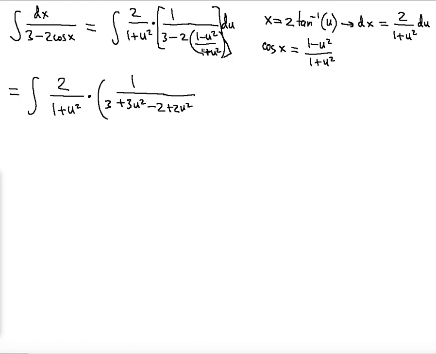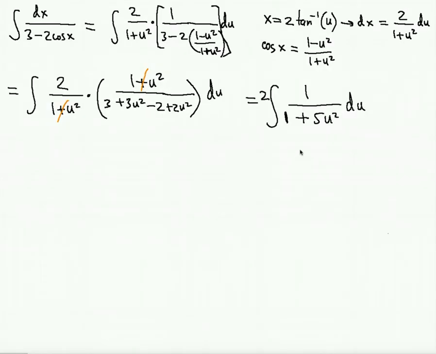So 1 plus u squared, since it's the denominator of the denominator, it goes on the top, right? So let's write it here, 1 plus u squared du. So what are we going to have? We can cancel this out immediately. So let's place 2 here. If we have a fraction, we'll put the bottom number here. So 1 over 3 minus 2 is 1, right? 3 plus 2 is 5. So 1 plus 5u squared du.